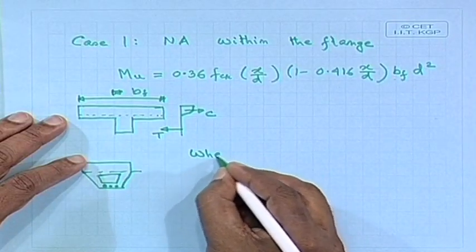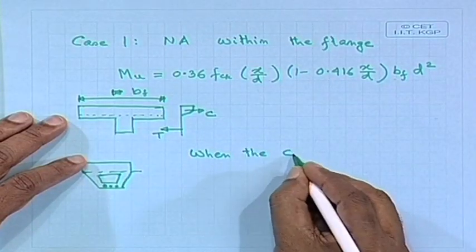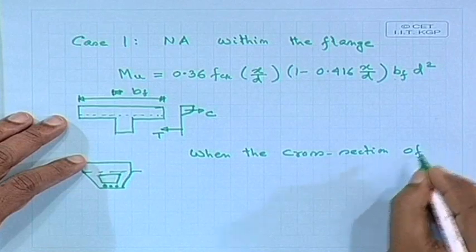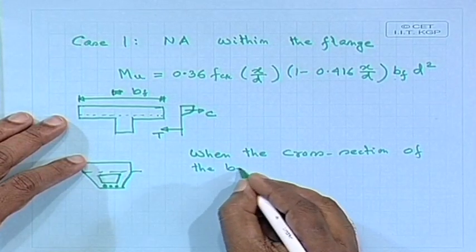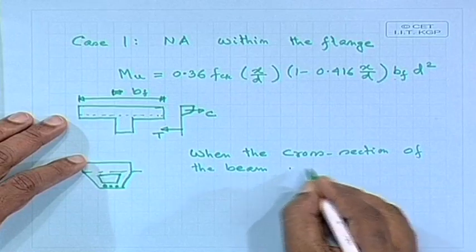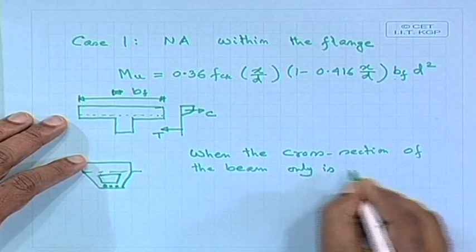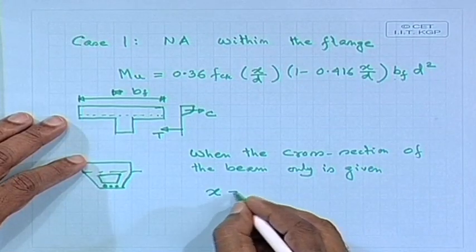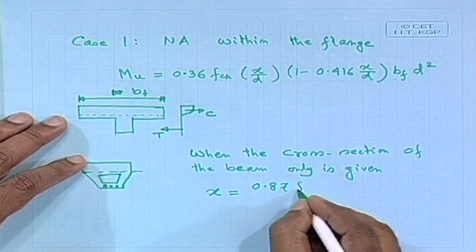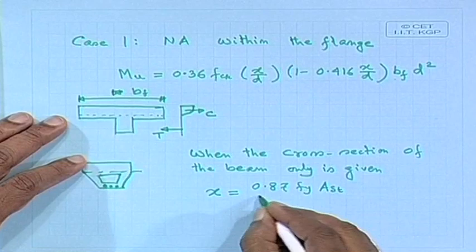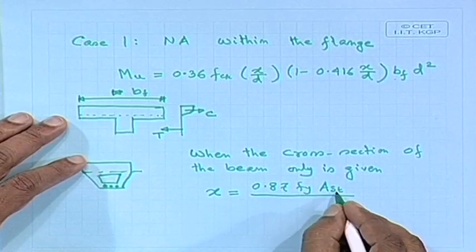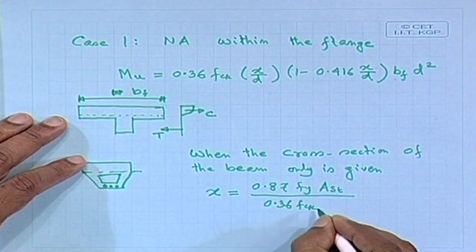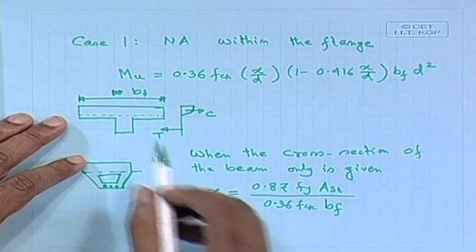When the cross section is given, we can find out from the expression, this is the 0.87 fy Ast, that is the tensile force, divided by 0.36 fck times bf, bf is the width of the flange.